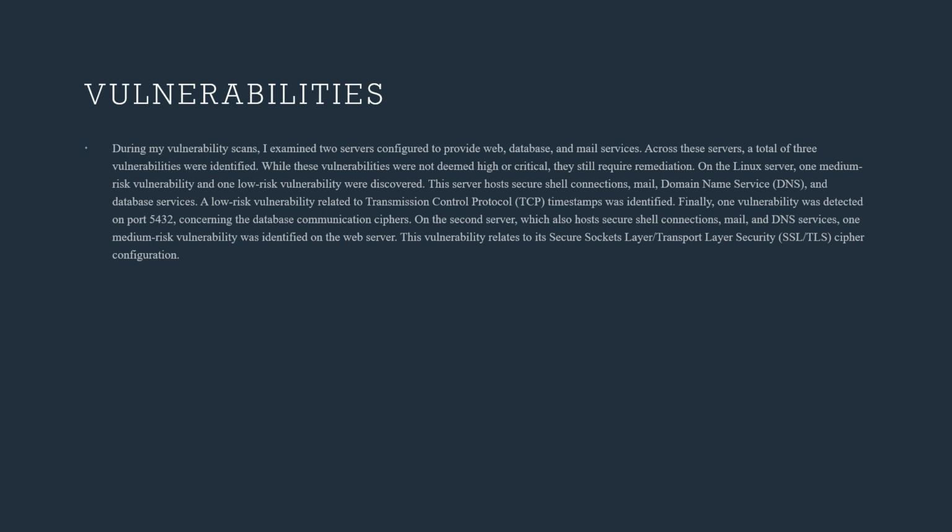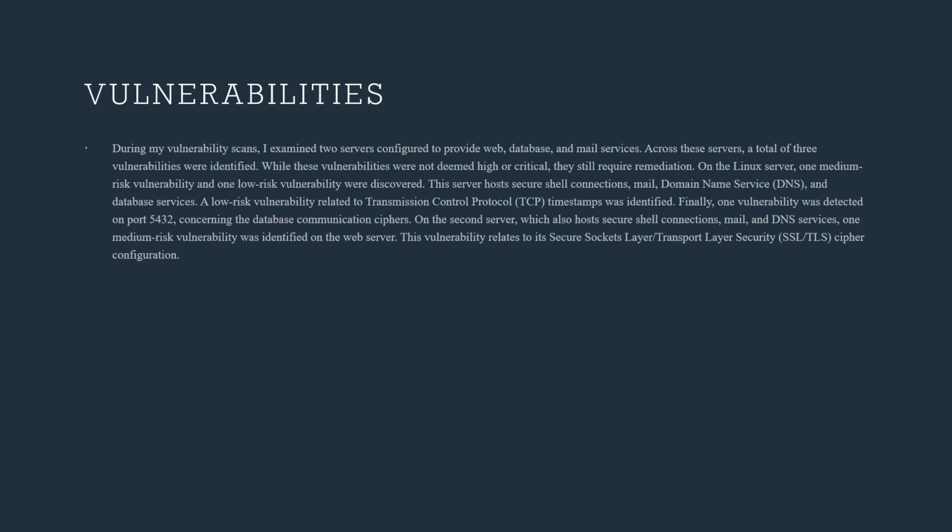The server hosts secure shell connections, mail, domain name service, and database services. A low-risk vulnerability related to the transmission control protocol timestamps was identified. And finally, one vulnerability was detected on port 5432 concerning the database communication ciphers.